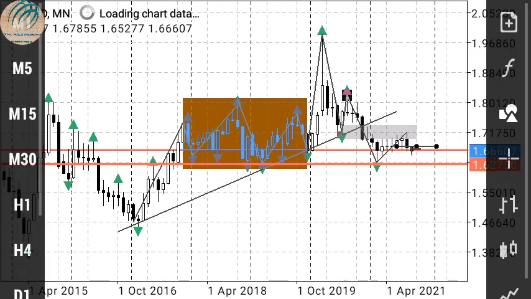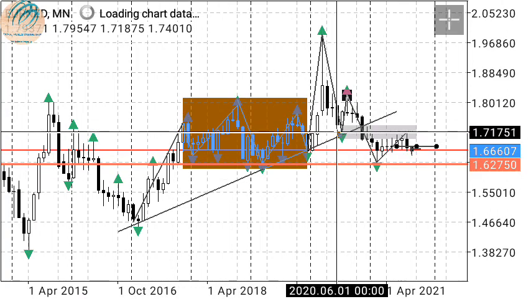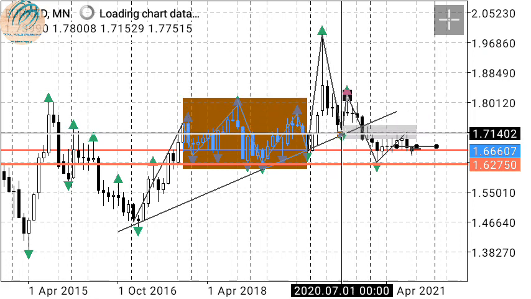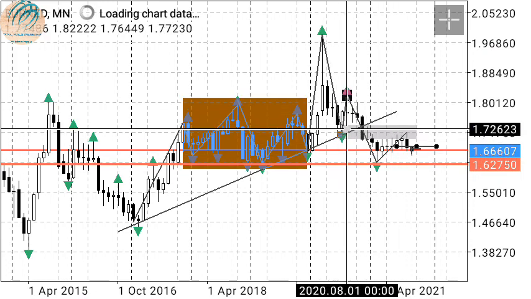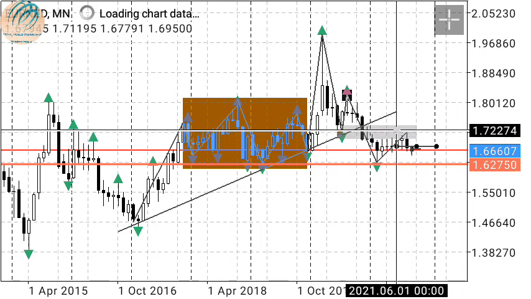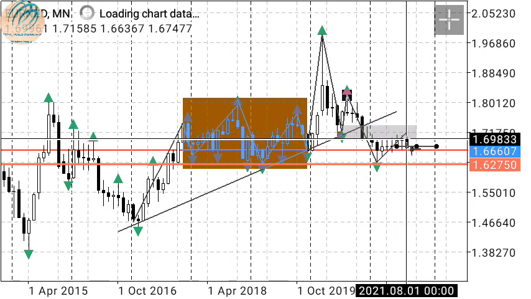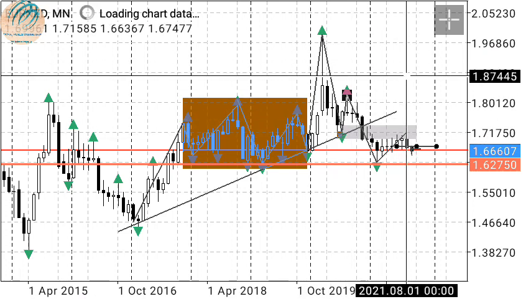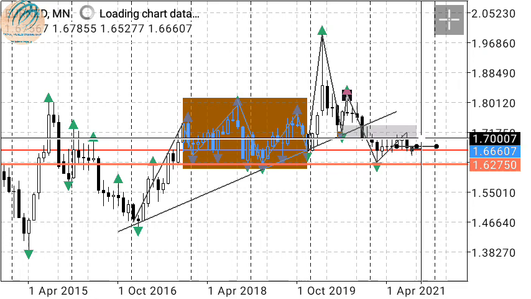Market block structure right here, this last higher low, market block structure there. It made a retest on this structure just here a few months ago, actually like 1 2 3 4 5 6 months. It's been trying and struggling to pull through here, but it hasn't managed to, to no avail.